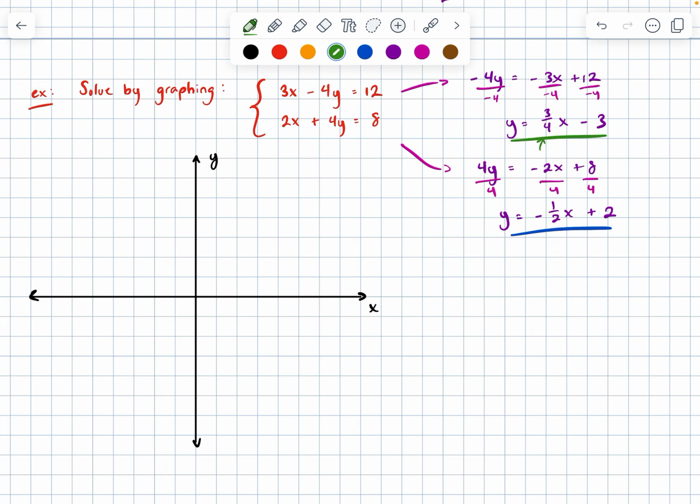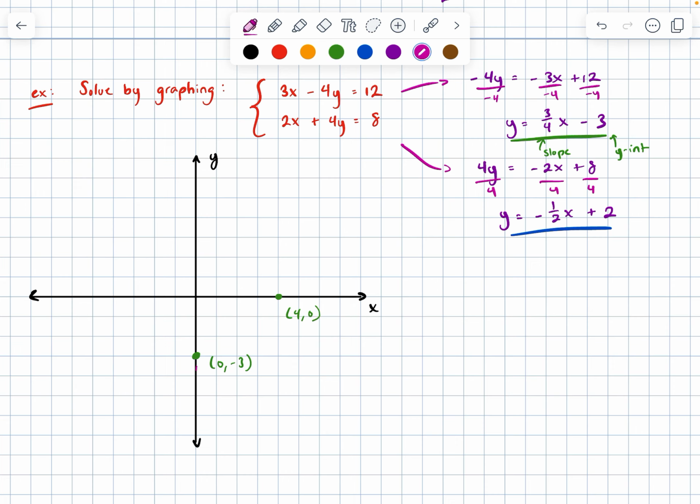So it has a slope of 3/4 and a y-intercept of negative 3. So I'll start by putting that negative 3 on my graph. So here's 0, comma, negative 3. From here, I'm going to use my slope. So if I go up 1, 2, 3, and over 1, 2, 3, 4, this point should be on my graph at 4, comma, 0.